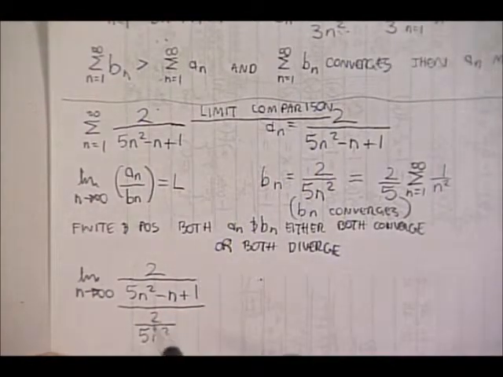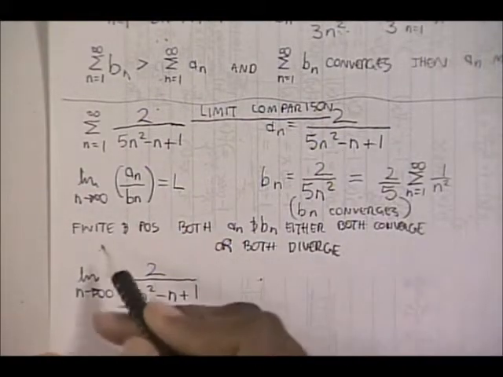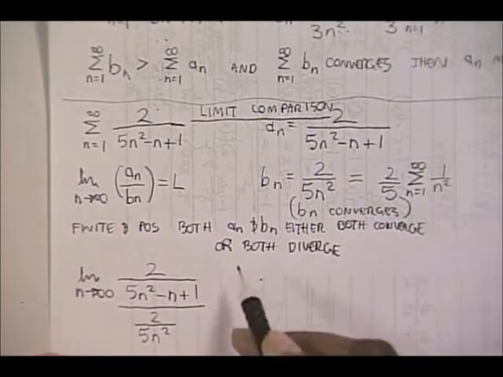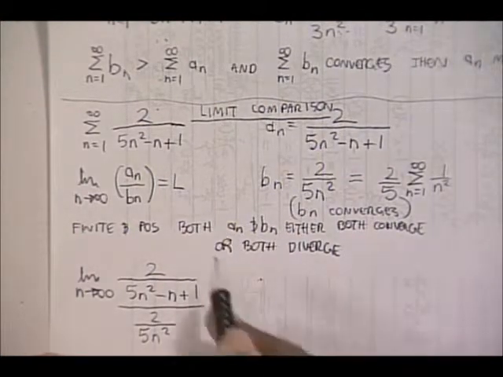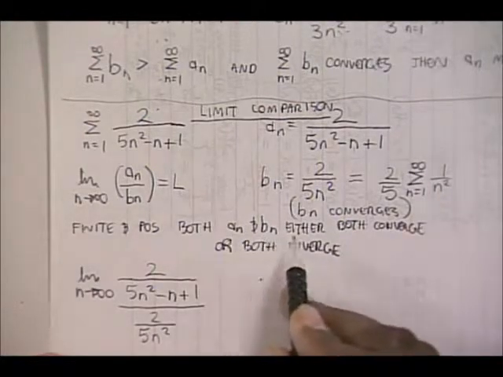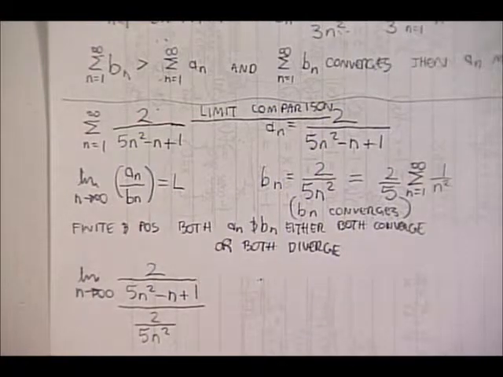Okay, so if we take the limit of this quotient, this is A sub n, the original problem, this is B sub n, we created that, and you get some limit that's both finite and positive, well, then A sub n and B sub n would either both converge, or A sub n and B sub n would either both diverge. So let's evaluate this limit.